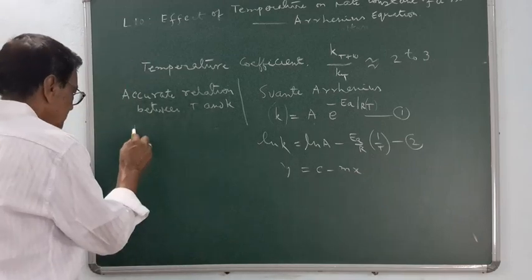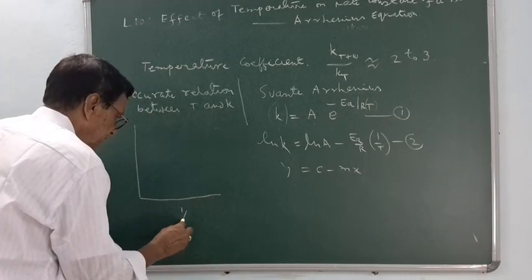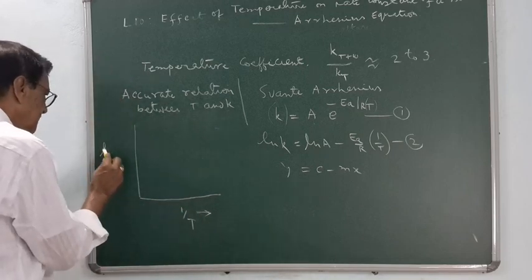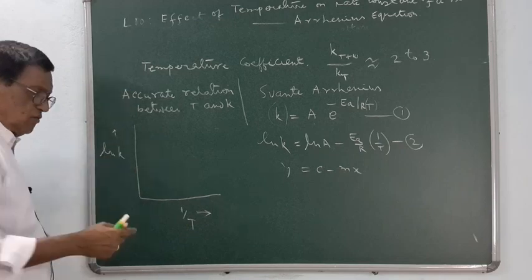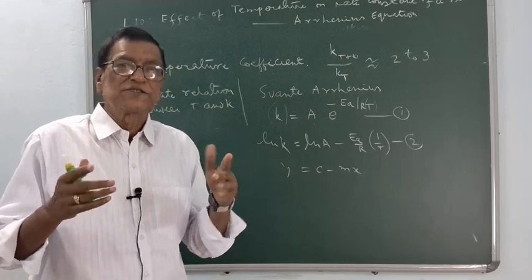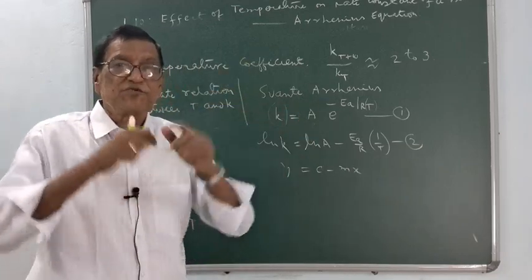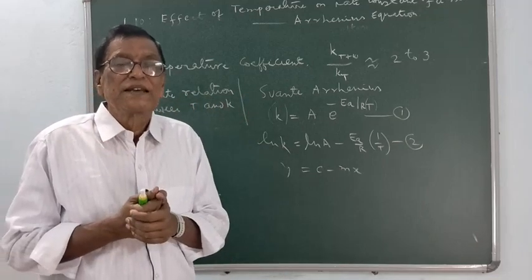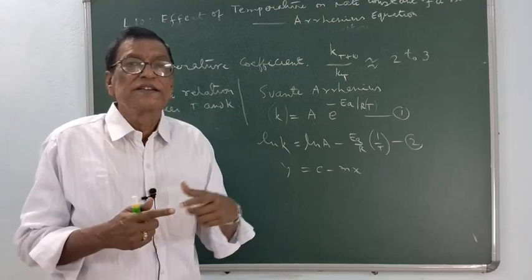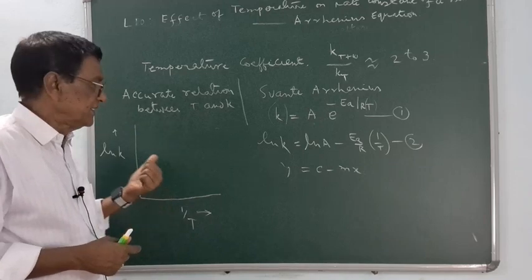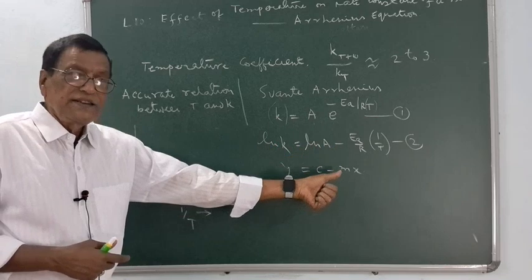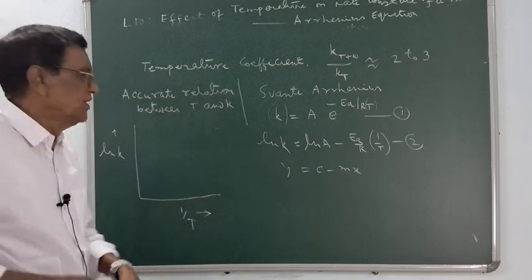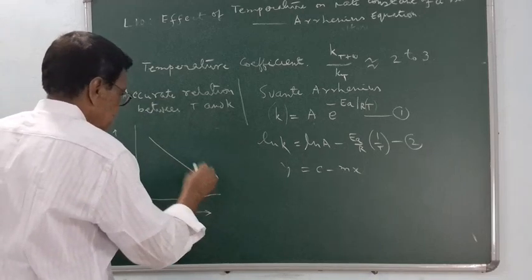Whenever we plot 1 by T and here ln k, by determining the rate constant of the same reaction at different temperatures, we can make a table, and the data of this table is reflected in a curve, and this curve will be a straight line having an intercept and negative slope. So, this will be like this.